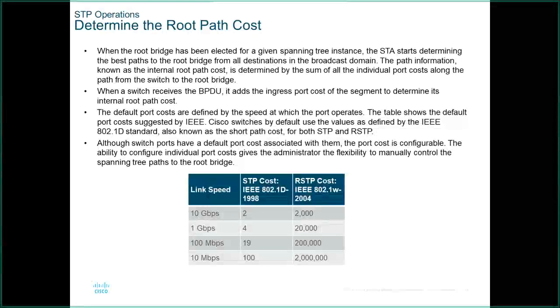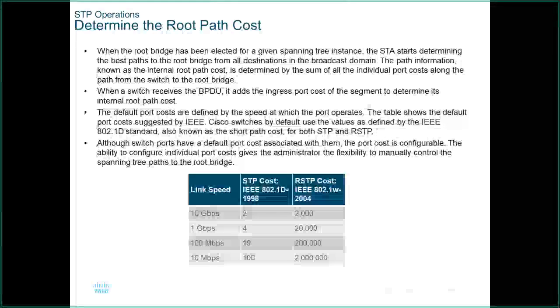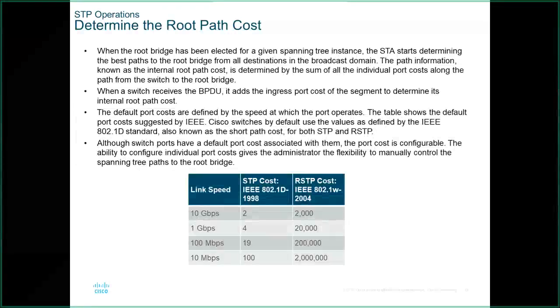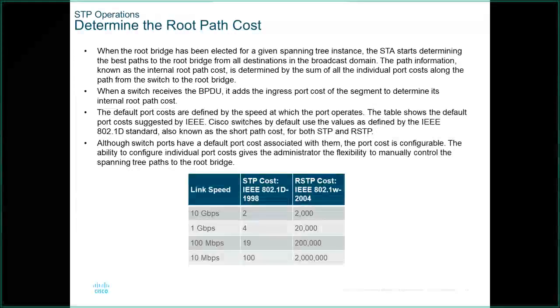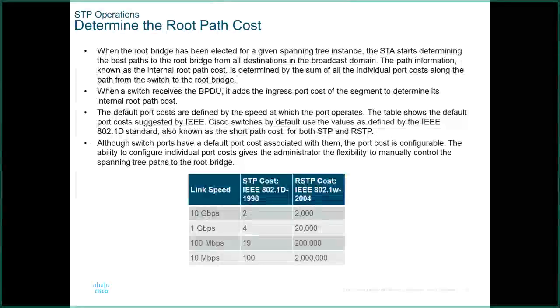So 100 megabits was really stretching things, and then a gigabit they just thought was impossible, and they certainly didn't think anything above that was possible. So these values were changed in 98 to reflect this new high-speed switching that we have. So 2, 4, 19 and 100. Why they did 19, I still can't fathom. Why they didn't just make it 20 so that people could calculate it nice, simple, easily. Yeah, no, can't do that.